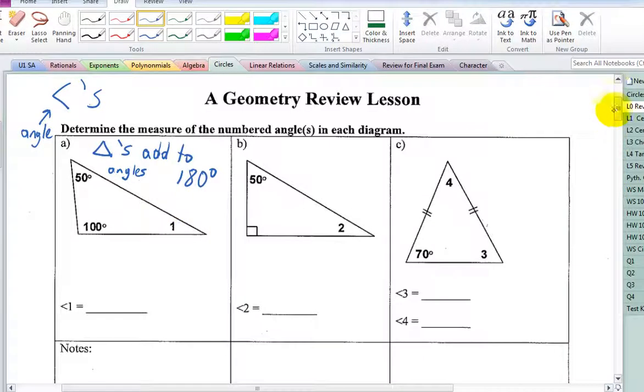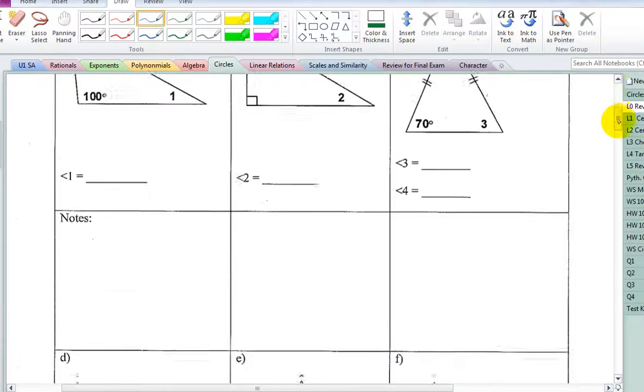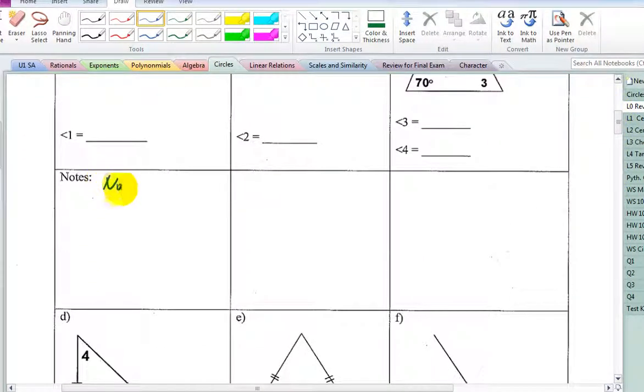So what we have here for naming angles, you can use numbers, letters, or 3 letters.